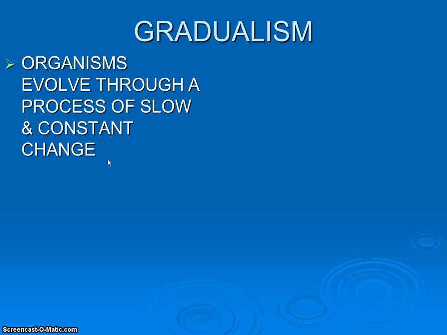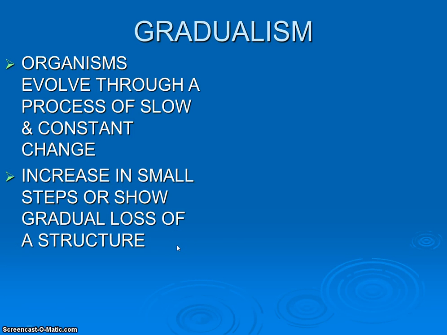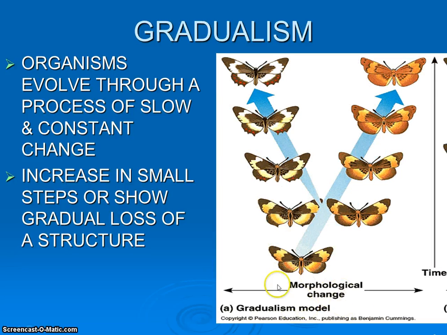Another way to look at this, think natural selection over and over and over again, where we add small steps, these evolutionary changes, to show gradual loss or gain of structures. And the easiest way to look at this, here we're looking at these moth slash butterfly images, we can see a common ancestor.